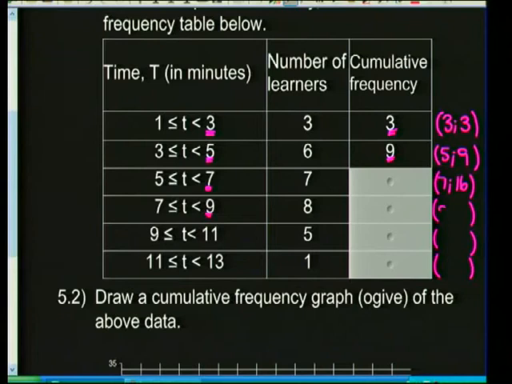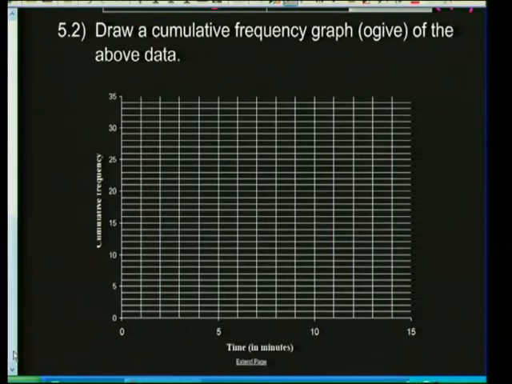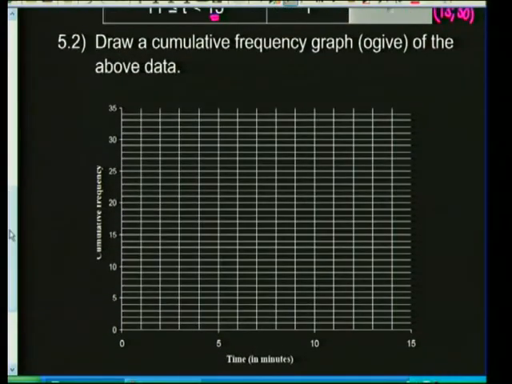The next is 9, and the cumulative frequency is 24. 11, and its cumulative frequency was 29. And 13, and the cumulative frequency was 30. Okay, and we now plot these points on the diagram, which is usually given to you in your exam. You're usually given the grid that you are going to plot it on.